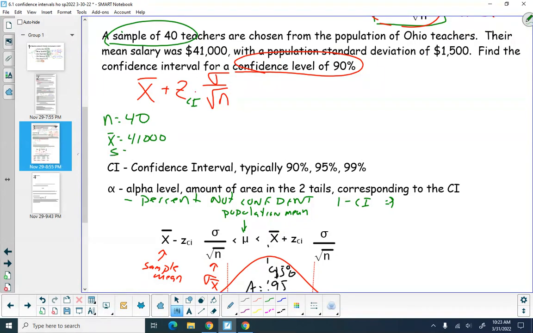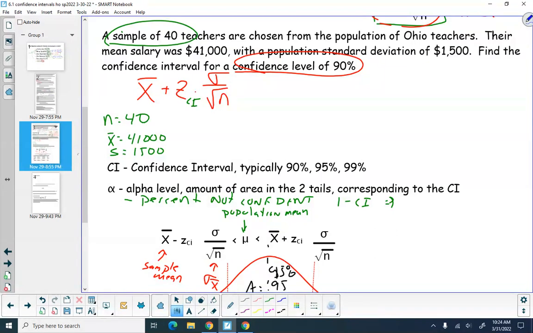Their standard deviation is $1,500. We want to predict out with 90% confidence the range of values for every teacher in the state of Ohio. What is their salary going to be given this data?